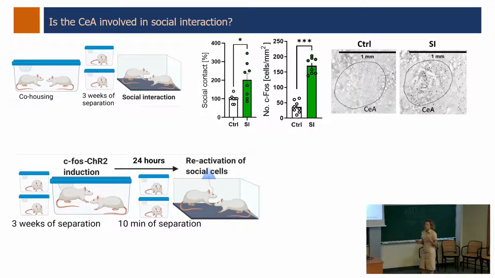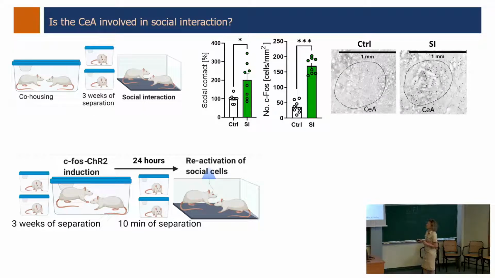Then we asked the question what the cells are actually doing. To answer this question, we used a genetic construct that is controlled by the CFOS promoter. So we were able to express channelrhodopsin to optogenetically stimulate only those cells that express CFOS. The procedure was as before. They were familiar animals, were separated, then reunited, and this reunion stimulated expression of CFOS in the central amygdala, CFOS together with channelrhodopsin.